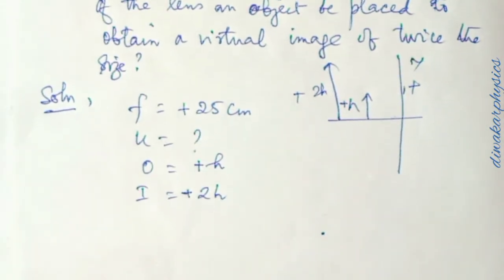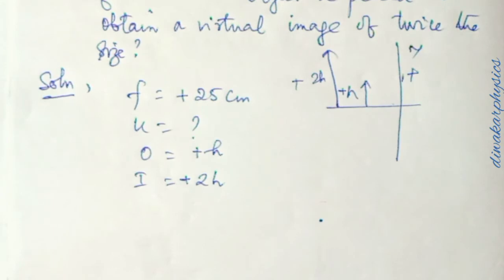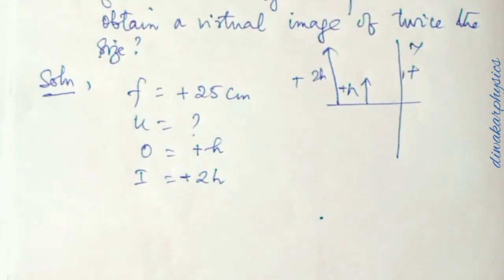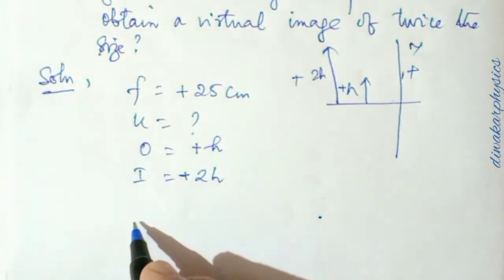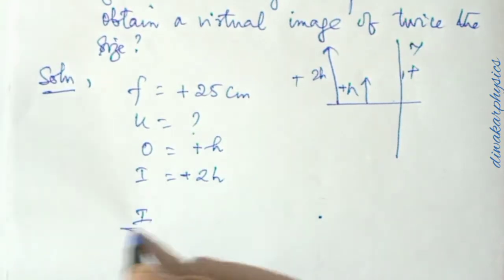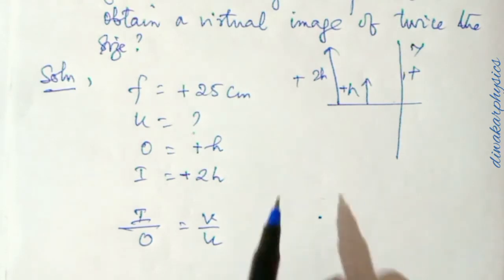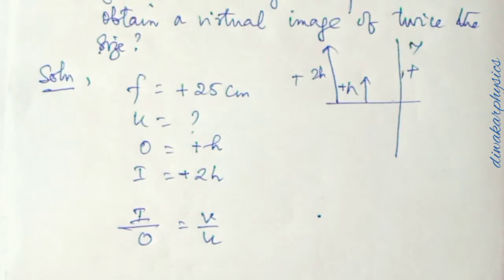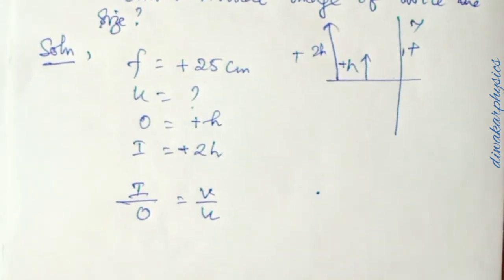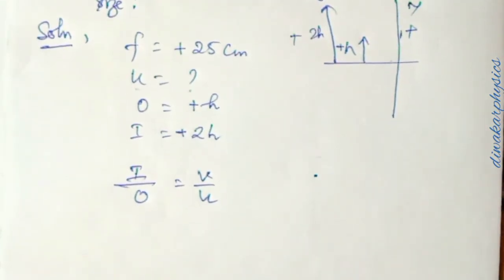So this information is given. From here you can find the relation between u and v, because I and O are given. So I by O is equal to v by u. Use this relation to get the relation between v and u, and then use the main lens formula to get the object distance. So this is the pattern.